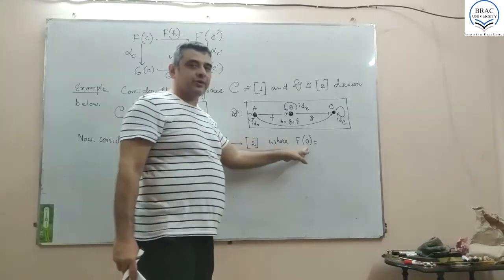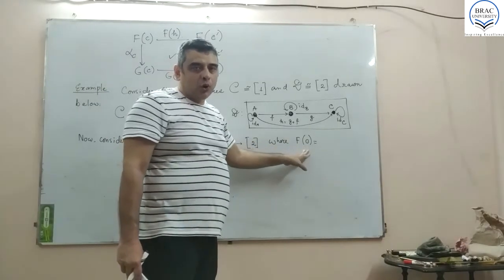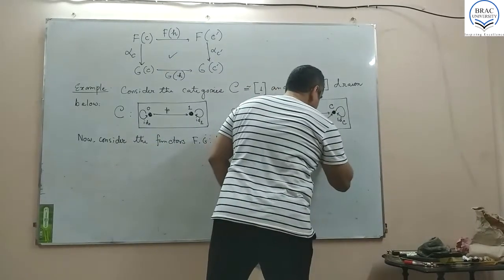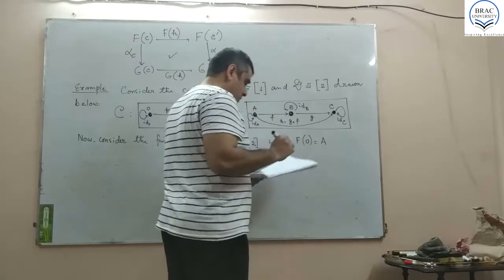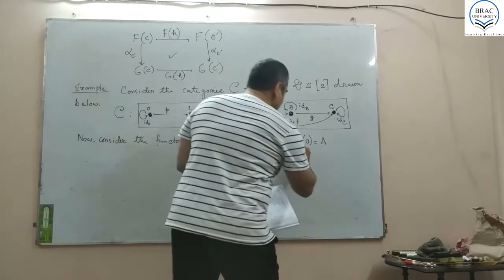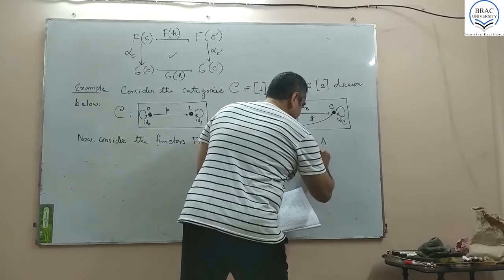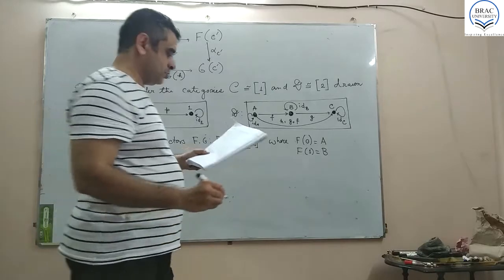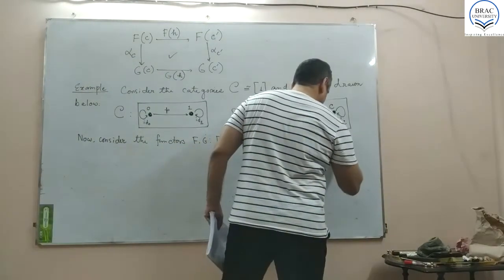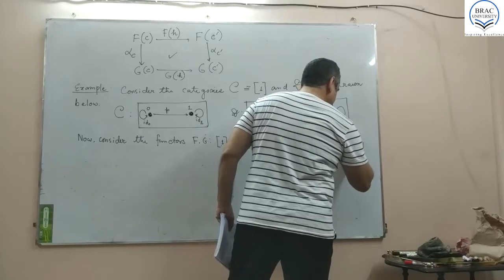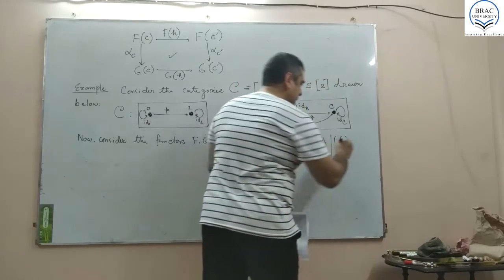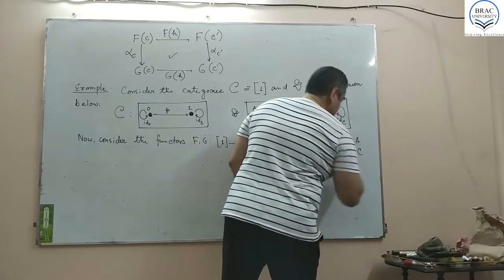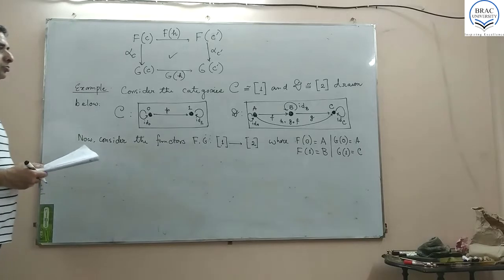So F0 is supposed to be an object in this category D, and this is defined as A. And F1 is equal to B, G0 is equal to A, G1 is equal to C.